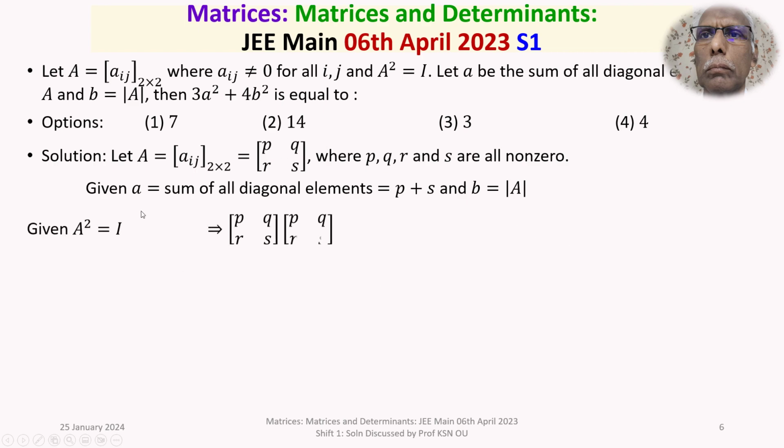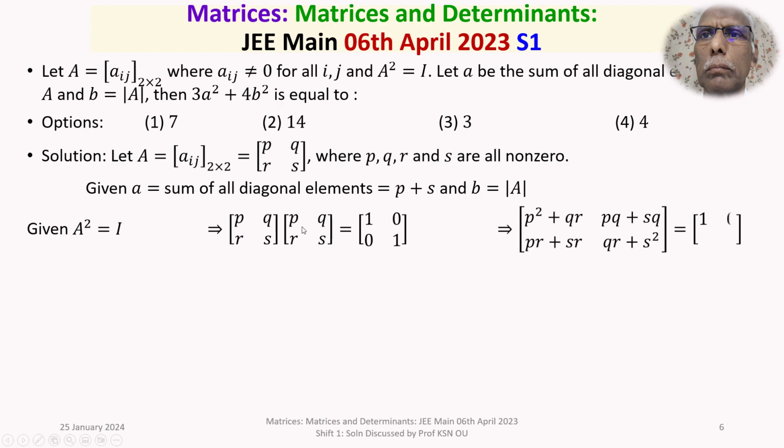Given A square is equal to I, so let's multiply A, PQRS multiplied by PQRS, is equal to the identity matrix 1 0 0 1. If you multiply first row with first column, it is P square plus QR, and second row first column, that is PR plus RS.